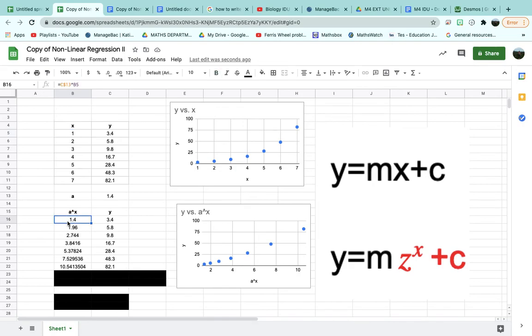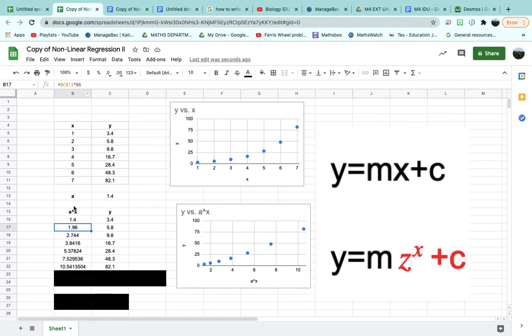So this equation here is referring to the equation above. So we've put dollar signs in front of the C and in front of the 13 because we want this a to stay consistent to the power of B5. And then what happens is when you press enter or copy and paste and carry on going down, the equation is able to transform.